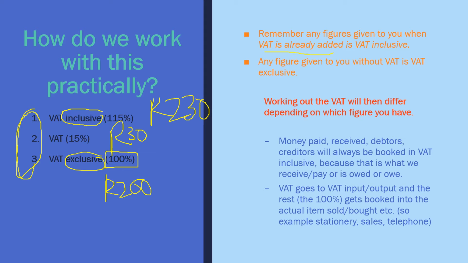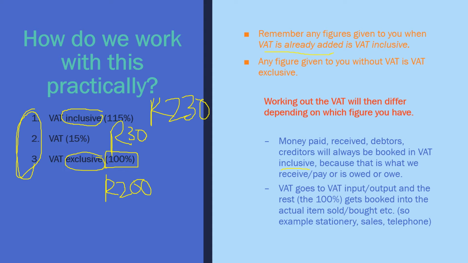In general, and this is more for Learning Unit 4, when you start really working with transactions that you have to journalize and book in, here is a bit of a general summary. Money paid, money received, any debtors, any creditor transactions will always be booked in VAT inclusive, which means 115%.